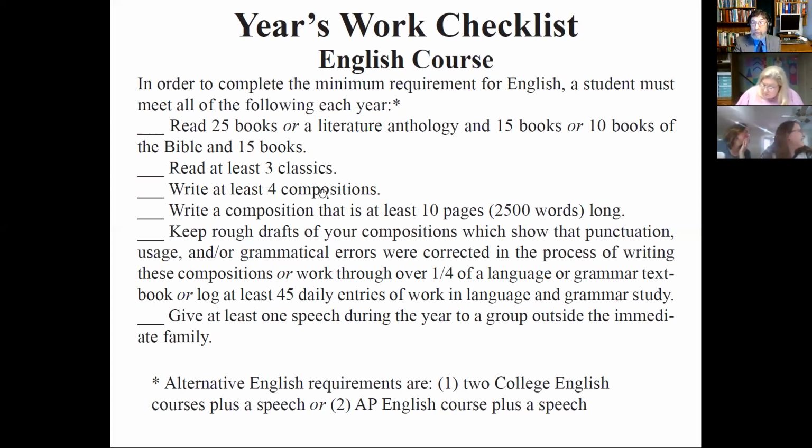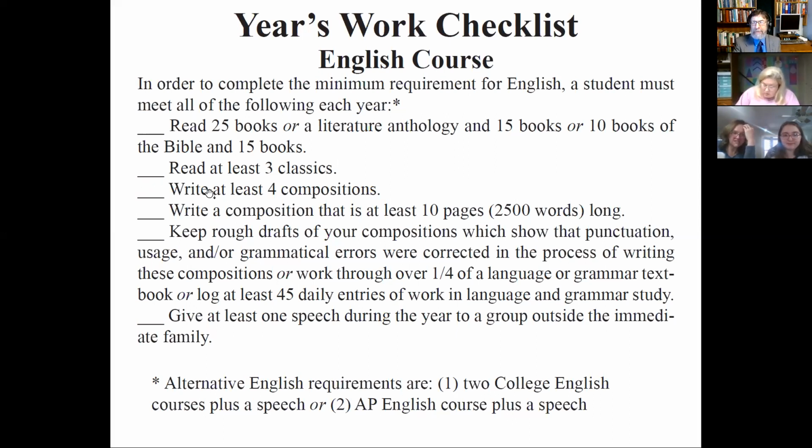Now, you will have to write 4 compositions. Only one of them has to be this long. The others can be 1 or 2 pages long. That's all, but they should be in your portfolio. Homeschoolers in Pennsylvania are required to keep a portfolio. You should have a book list in your portfolio, the books you've read.